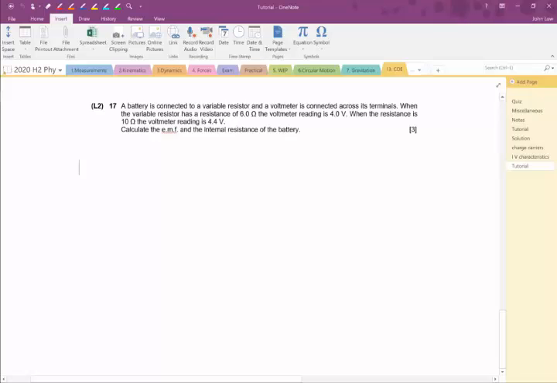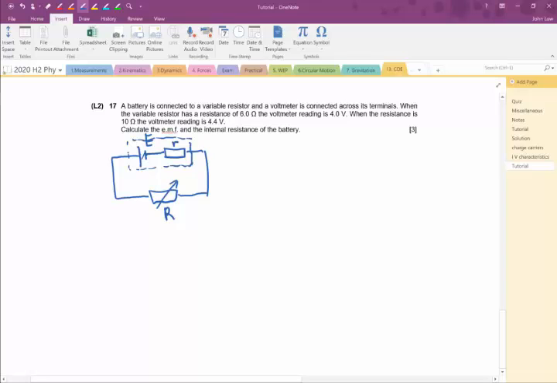Okay, let's draw the circuit again to help us visualize the problem. The variable resistance of value R, and then you have a battery source with EMF E and internal resistance of small r.